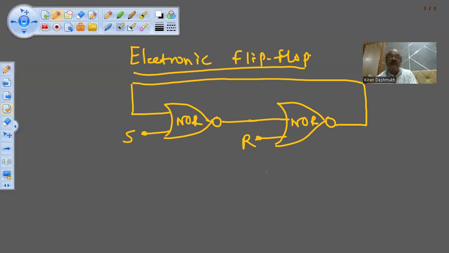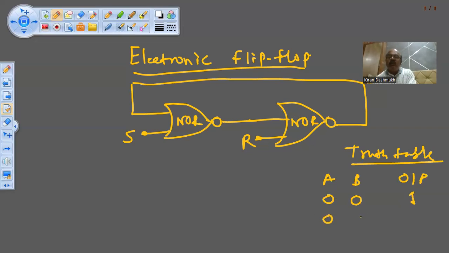Now, before we discuss this flip-flop, we must know the truth table for the NOR gate. When both the inputs are 0, 0, the output is 1. When one input is 1, the output is 0. When the second input is 1, the output is 0.